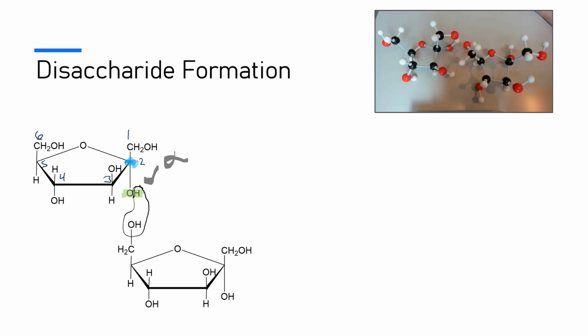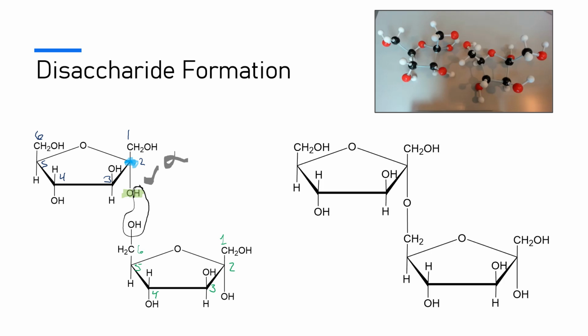Do the same thing on our other monosaccharide. We have 1, 2, 3, 4, 5, and 6. Reacting between carbon 1 and 6, we get that alpha glycosidic linkage from monosaccharide number 1, and it bonded to carbon 6.